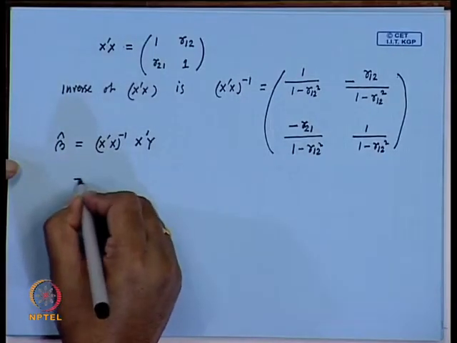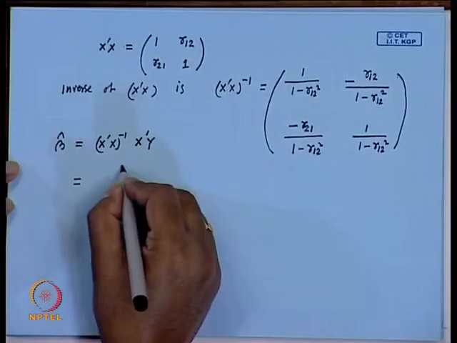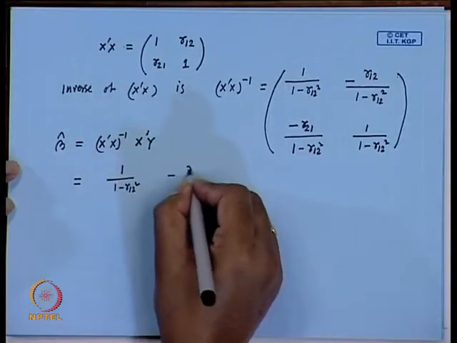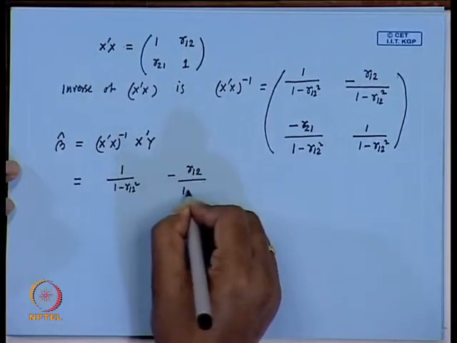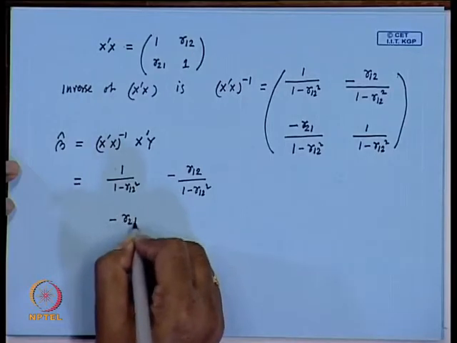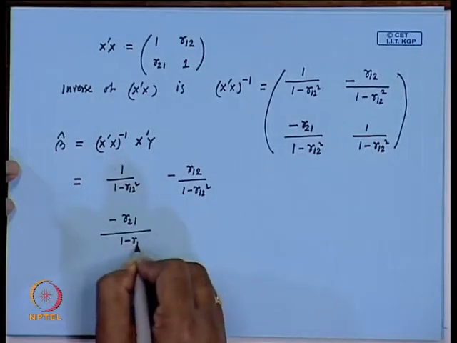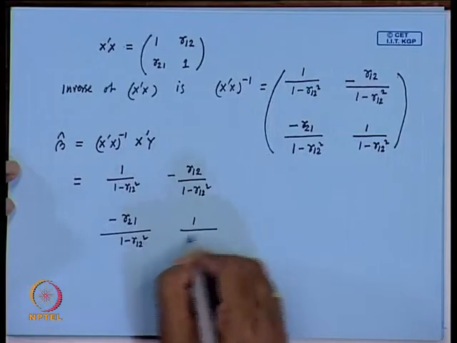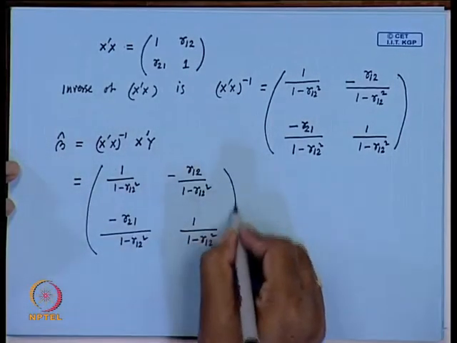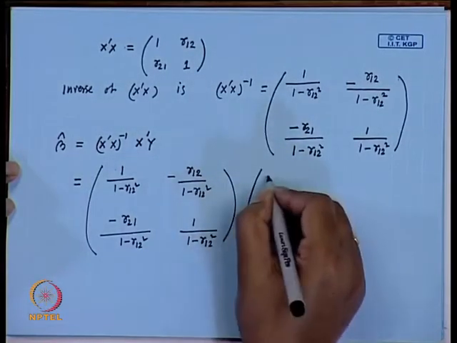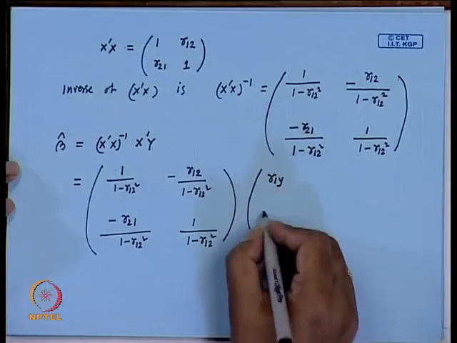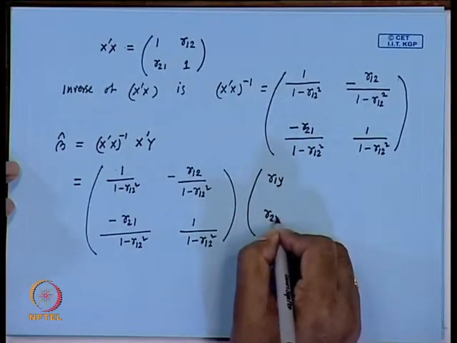Okay, so which is equal to [1/(1 - r12 squared), -r12/(1 - r12 squared); -r21/(1 - r12 squared), 1/(1 - r12 squared)] times X prime y, which is [r1y; r2y].